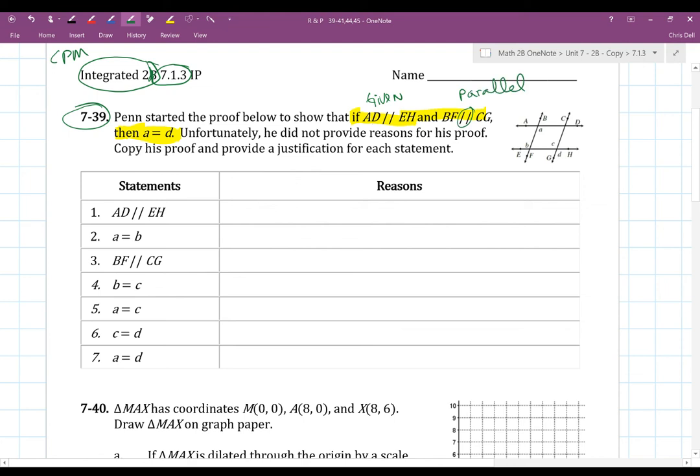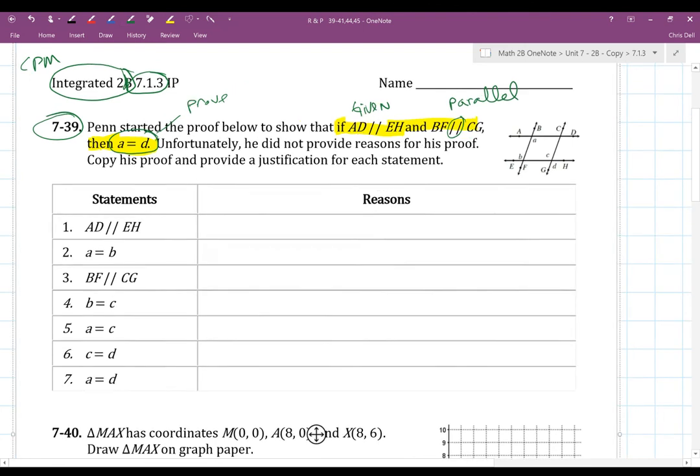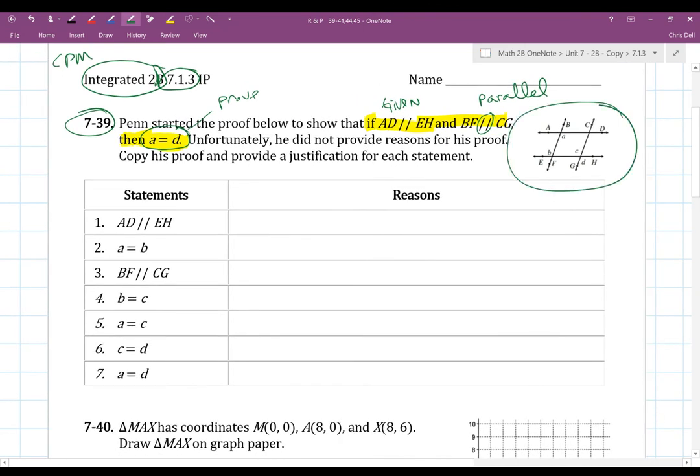I'll write it out so you see it, parallel, when you see the two lines. So if those two sets of lines are parallel, then I want to prove that A equals D. So that's my beginning, my end. And this is the picture I'm going to go off of, so we'll keep referring back to that.